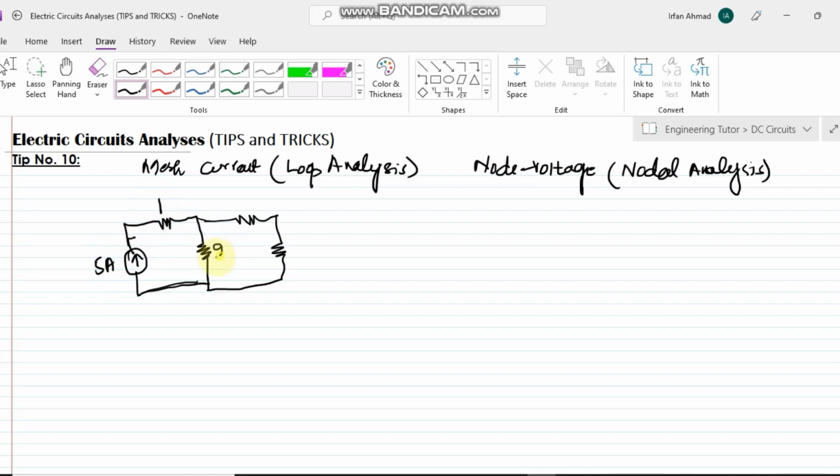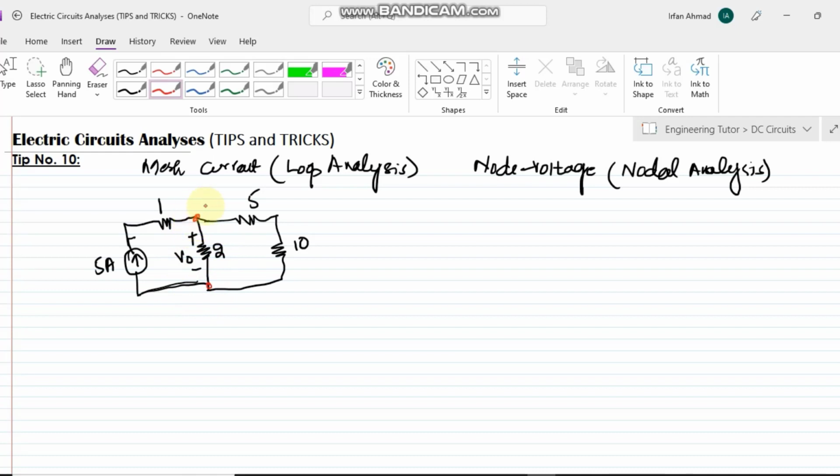The resistors are 1 ohm, 2 ohm, 5 ohm and 10 ohm. We are asked to find the voltage across the 2 ohm resistor. We are not told which method we have to use, so it is up to you to decide whatever method is feasible for this circuit.